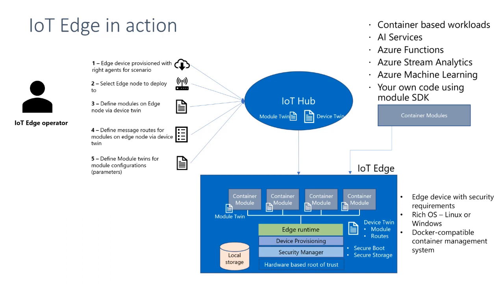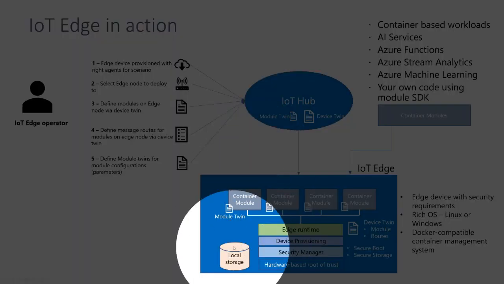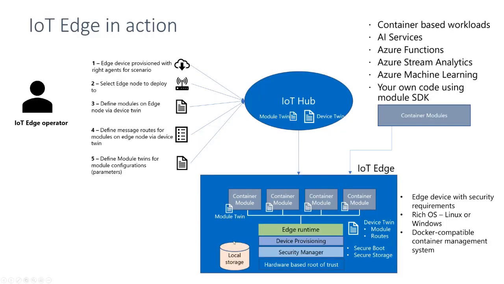When you think about a container, the way you pass configuration parameters to them is typically through things like environment variables, or telling the Docker container to mount a folder that's sitting on the local file system on the Edge device. So all of that configuration metadata too is established in the IoT Hub and then pushed down to the Edge.